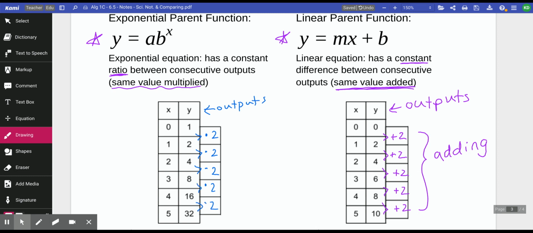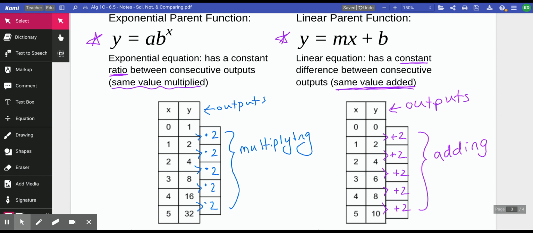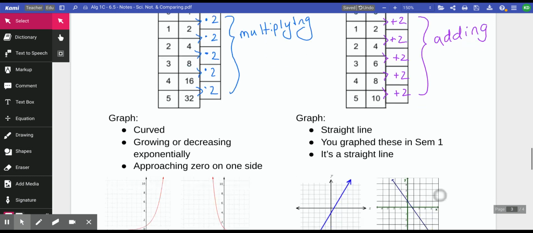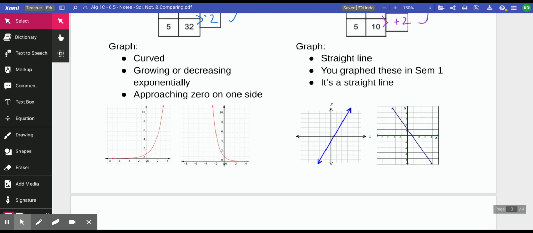So we can kind of see that pattern. It's the same every time, and it's multiplying. That's how we know that it's exponential. Okay? If neither of these are true, if we're not multiplying by one number or adding one number, then it's neither.